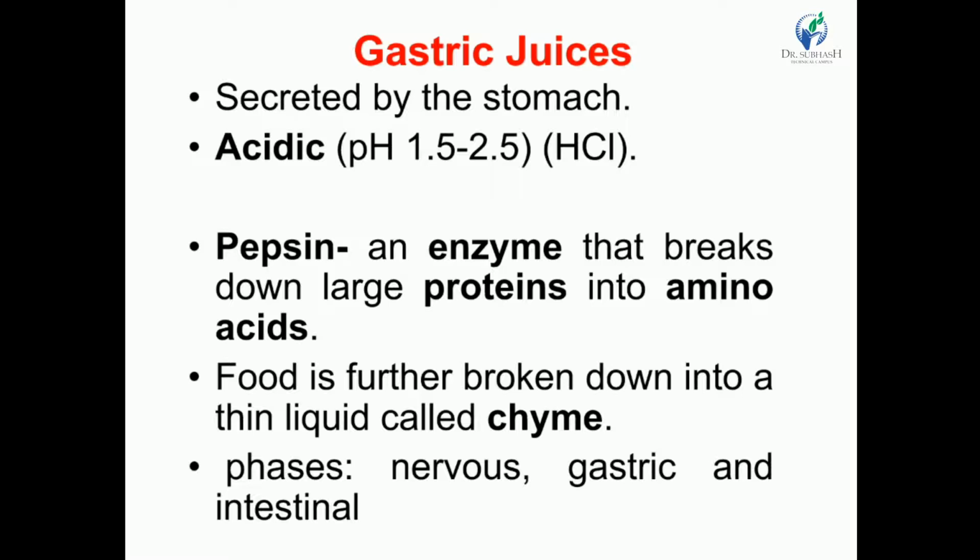Here, the gastric phase is the strongest and the longest of all the phases, because it is hormonal, right? It is independent of nervous control, and it has a direct endocrine stimulation.